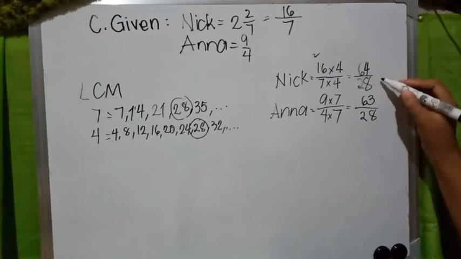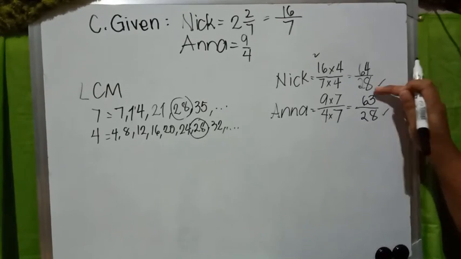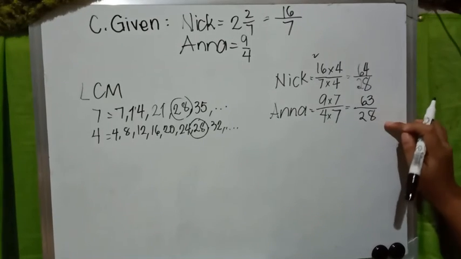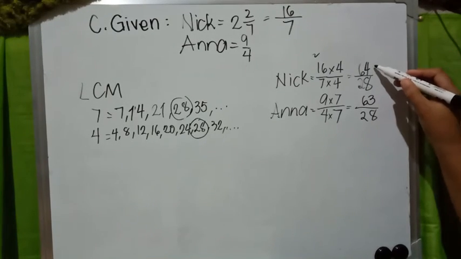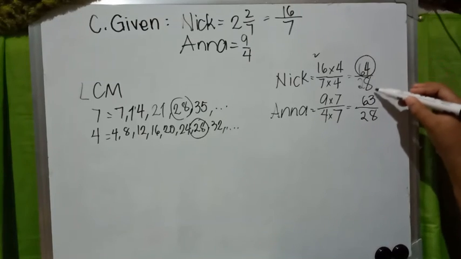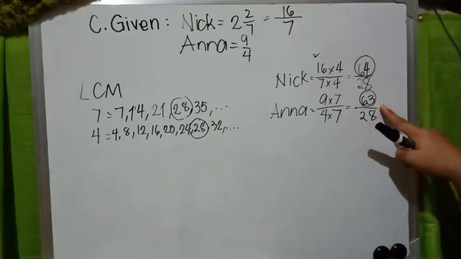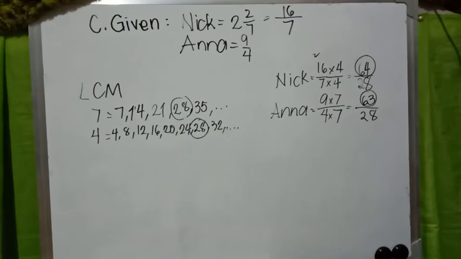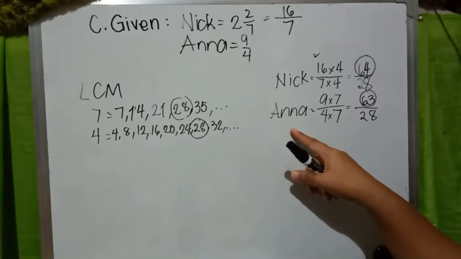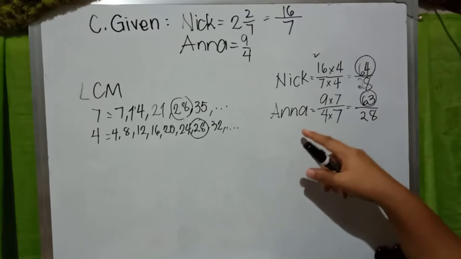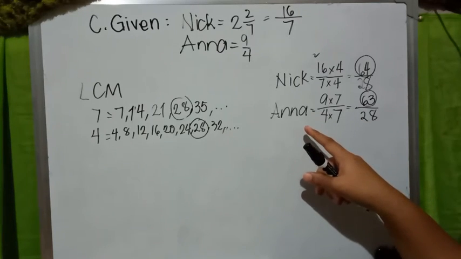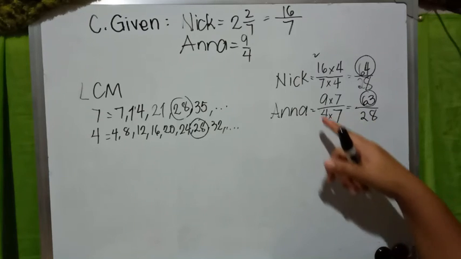So as you observe, we now have the same denominators, right? So look at your numerators, which has the smaller numerator. Is it 64 or 63? Okay, very good. That is 63. So we can see that Anna takes less time than Nick.